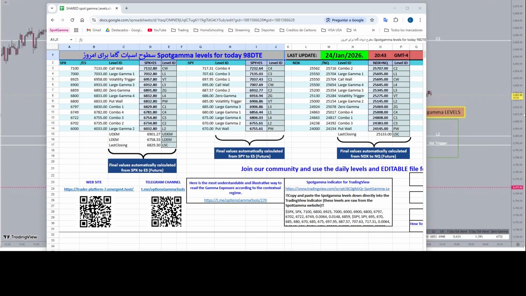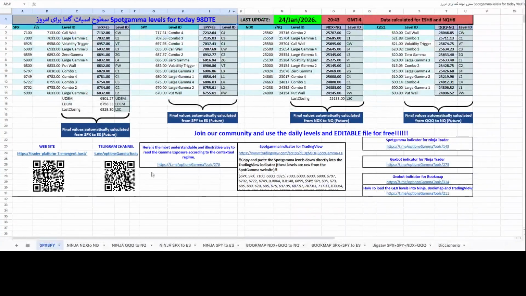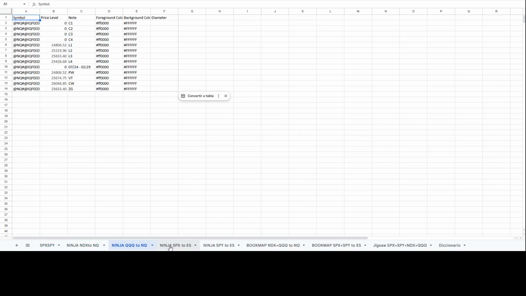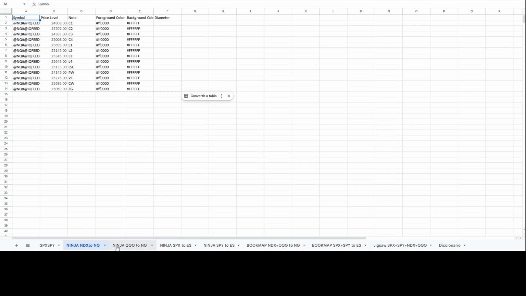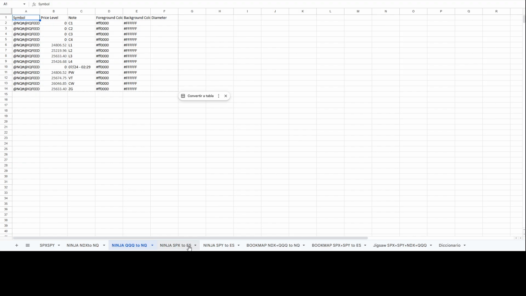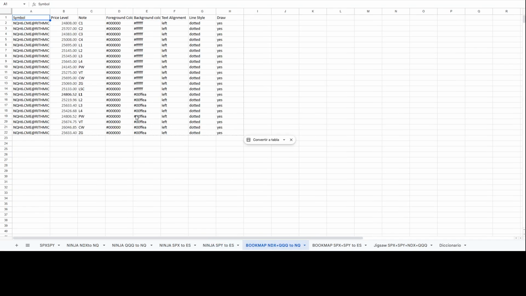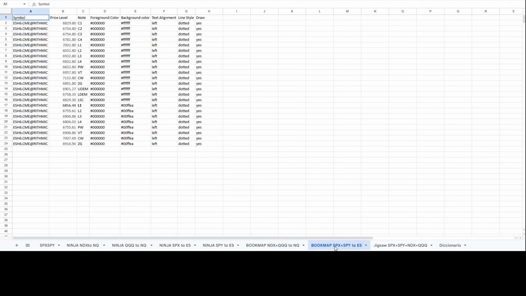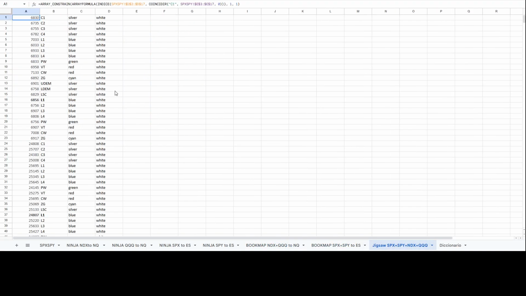For example, in NinjaTrader, this is the NDX to NQ transformation, QQQ to NQ, SPX to ES, SPY to ES. In Bookmap, we have a mix here where you can load the NDX plus QQQ to NQ and continue. You can see the levels for Jigsaw 2.